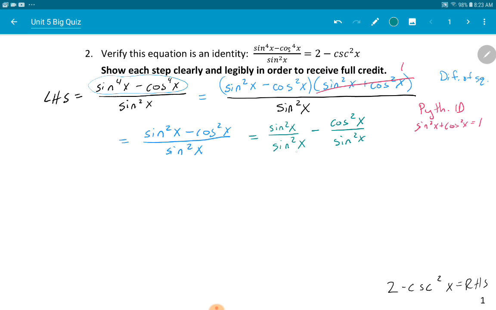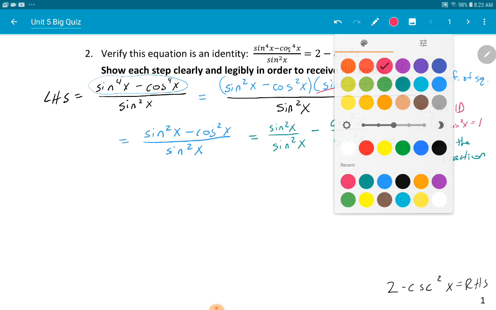It's easy to see from here that when you subtract these, you get this. So to decompose a fraction, you're undoing that process. Decomposing a fraction is a very useful tool in verifying identities, so you'll want that in your toolbox.